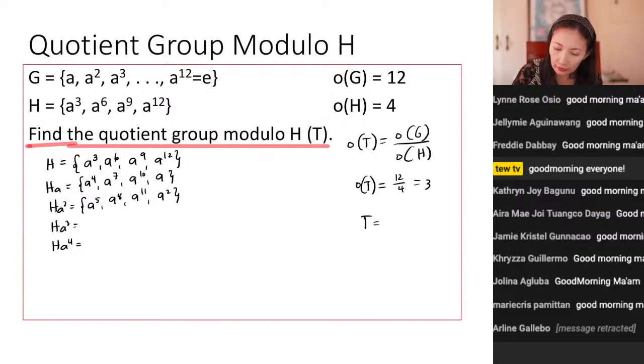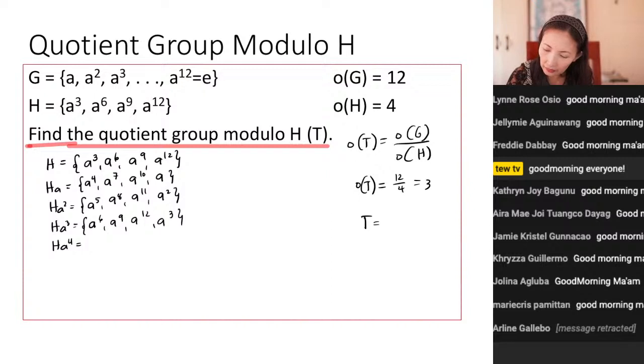If we continue with HA cubed, take note that this will give A to the 6, A to the 9, A to the 12, and A to the 3rd. Take note that the first and this are pareho na sila, di ba? So we may not continue with it anymore. So these are the members of the quotient group na.